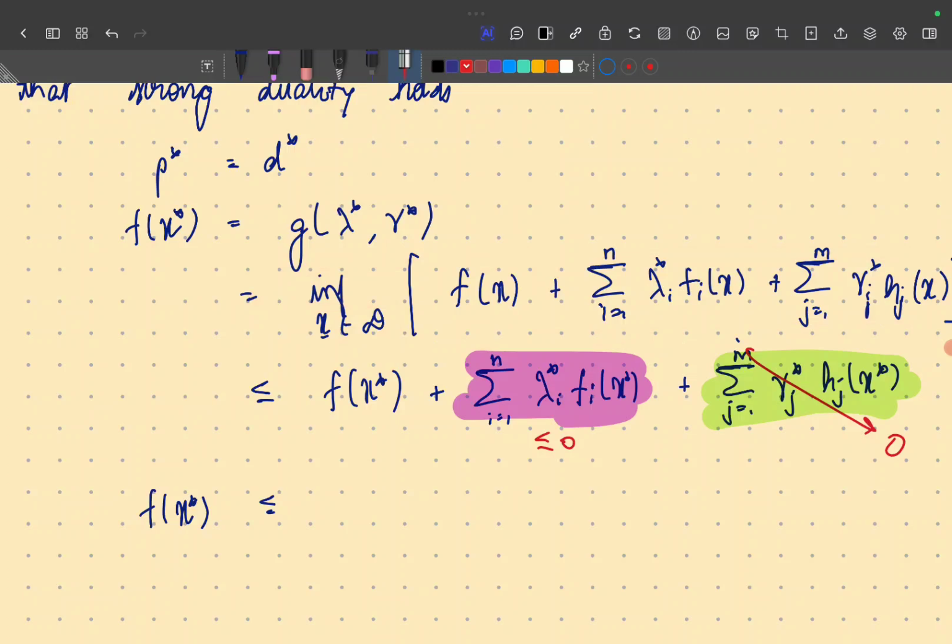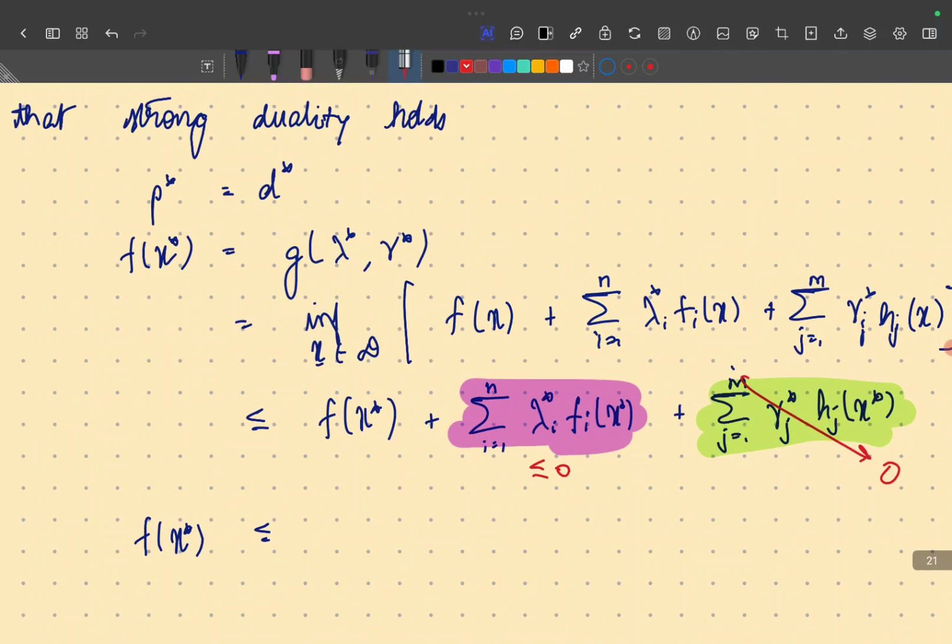That's true. But right now I'm fixing this lambda star and nu star. Are they the optimizers? They are the optimizers. But again, it is not particularly important in this context, right? Because g of lambda star, nu star achieves d star.